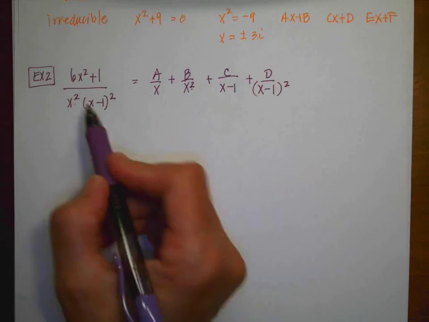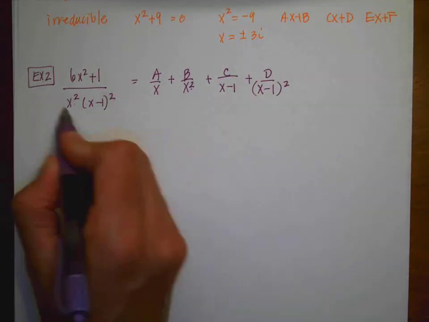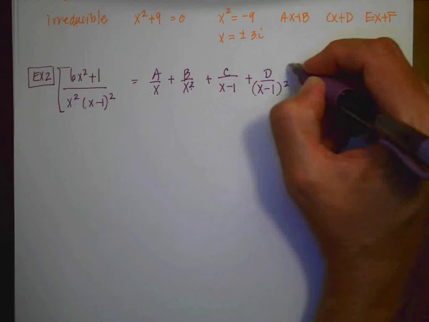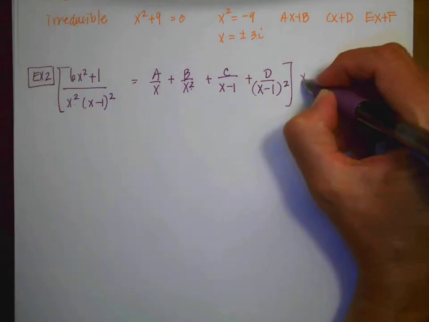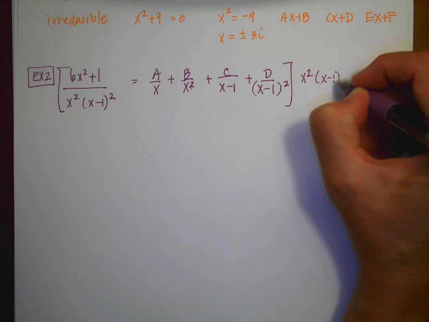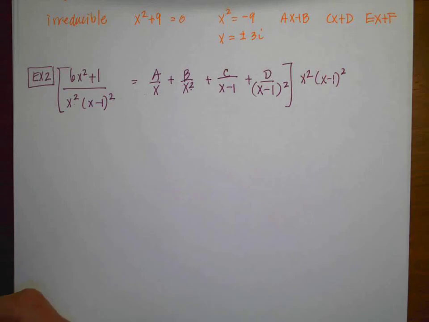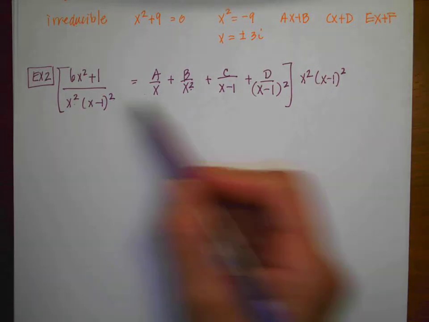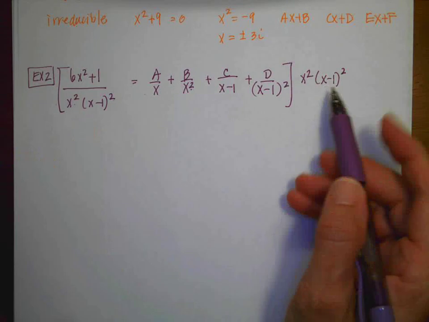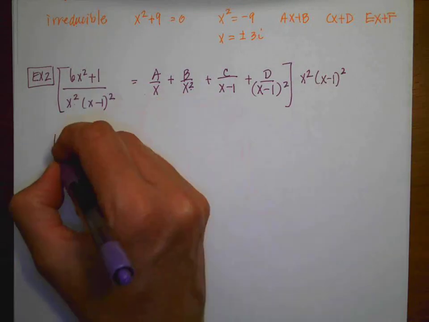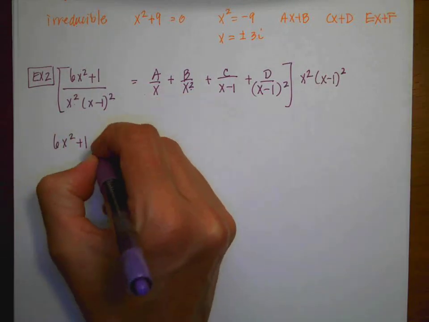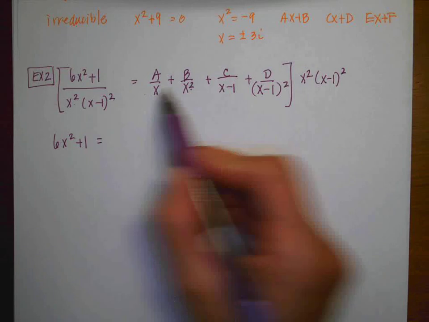Okay? The next step is to multiply both sides by that original denominator. So I'm going to multiply both sides by x squared times x minus 1 squared. The denominator always cancels on the left-hand side. So on the left-hand side, I get 6x squared plus 1.